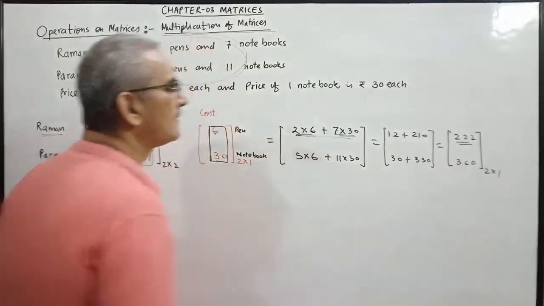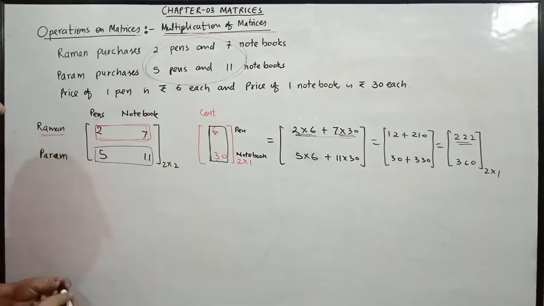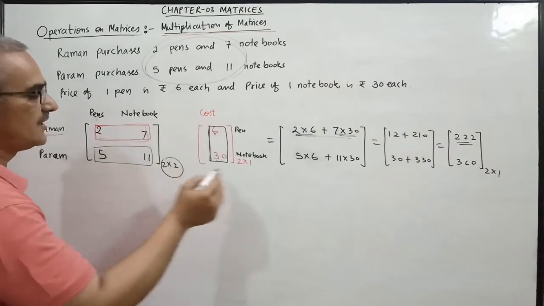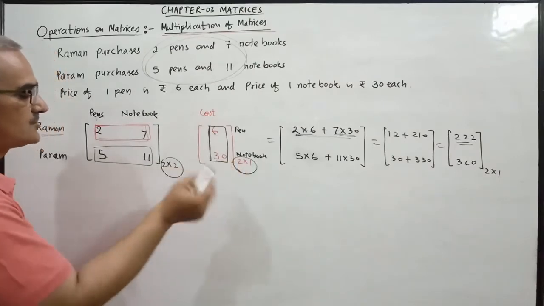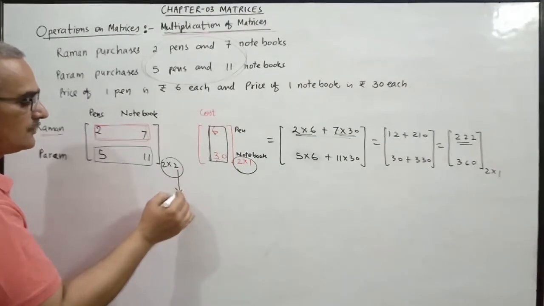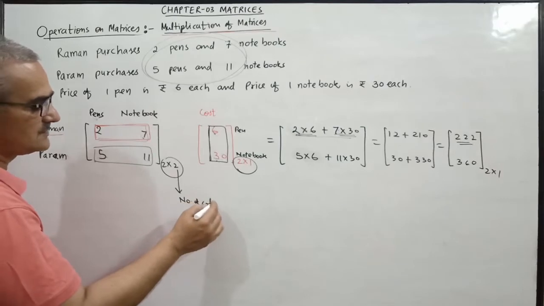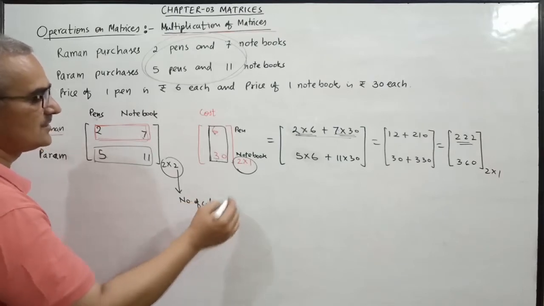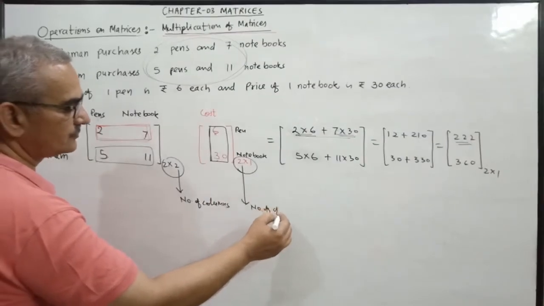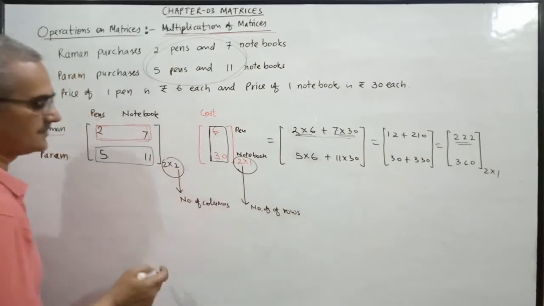So in this multiplication, look at the order of this matrix and the order of this matrix, and just check what is happening here: the number of columns of this first matrix is equal to the number of rows of this second matrix.